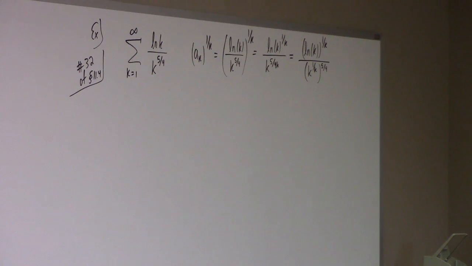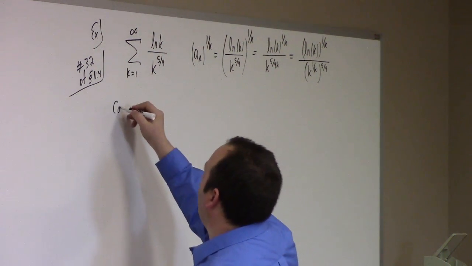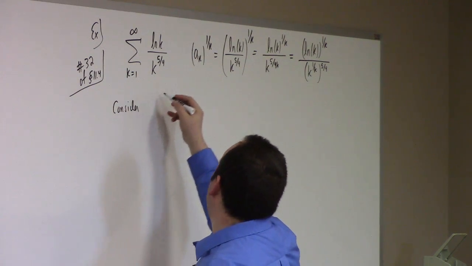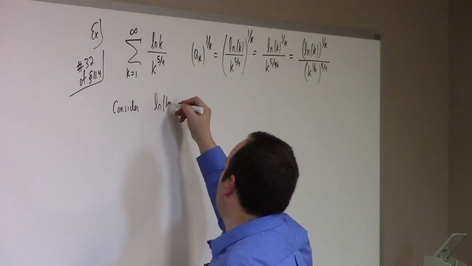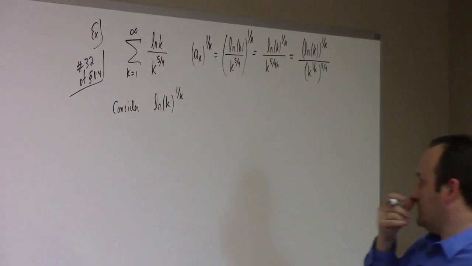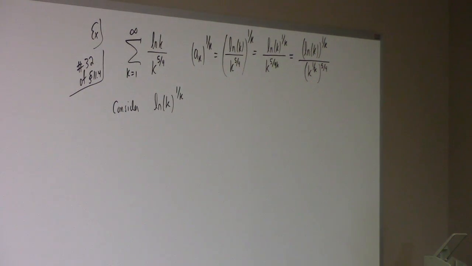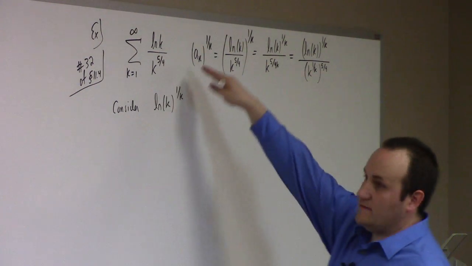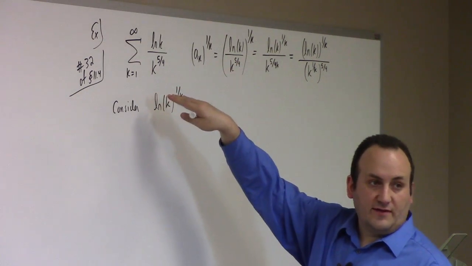That's indeterminate type. How do we figure that one out? I got natural log of k to the 1 over k. What's that do? That's infinity to the 0 power. That's indeterminate type, right?